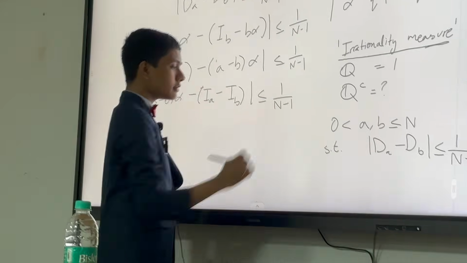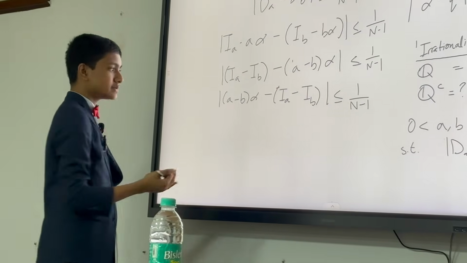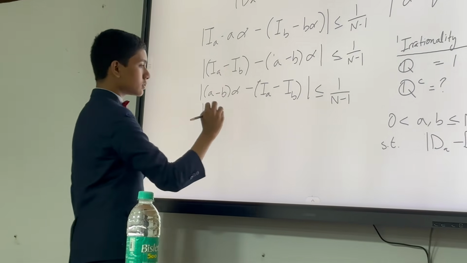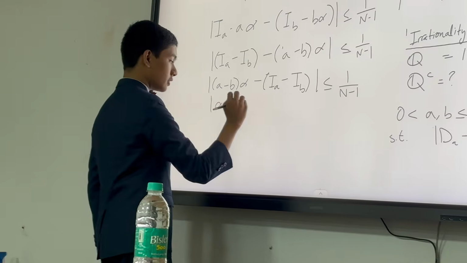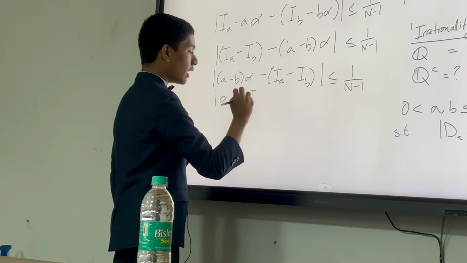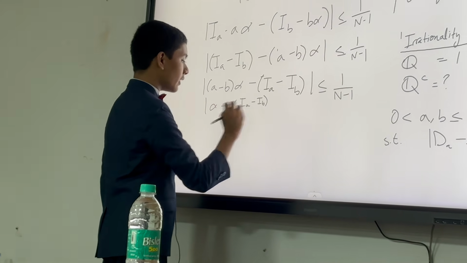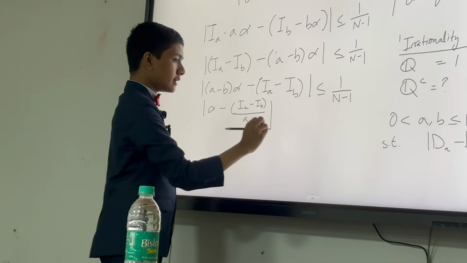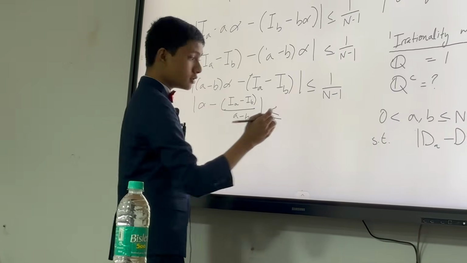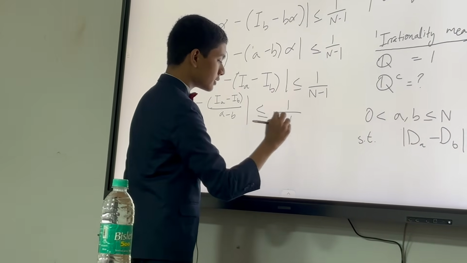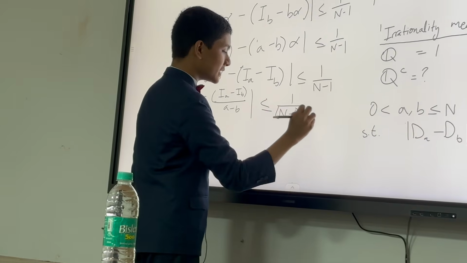And now, all I'm going to do is divide both sides by A minus B. So you get alpha minus IA minus IB divided by A minus B, and that's going to be less than or equal to 1 over n minus 1 times A minus B.